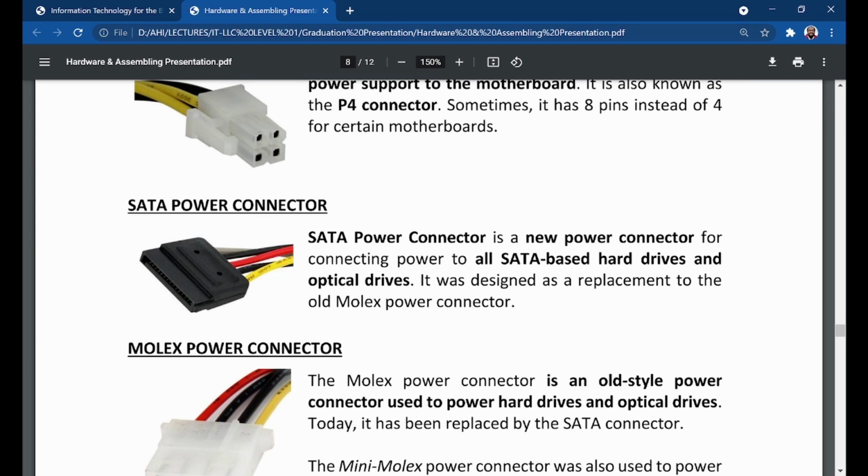Just call it SATA. It is a SATA power connector. This is how it looks like. Don't forget this, because this connector is the modern one and extremely important, and this is what powers your hard drive. It's called a SATA power connector, and this hard drive is called a SATA hard drive.